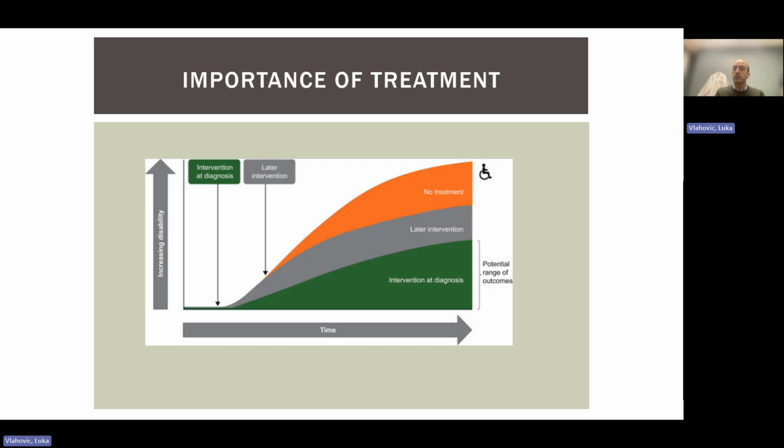And if we go further down this curve, as treatment is started later on, perhaps the potential positive effect will be lower. So that's why the whole emphasis is to start treatments as soon as we have a solid diagnosis of MS.